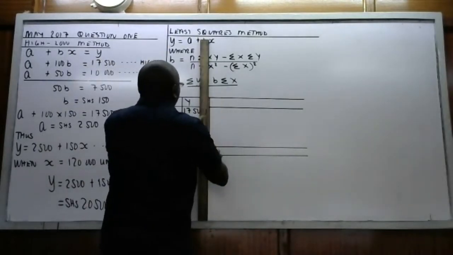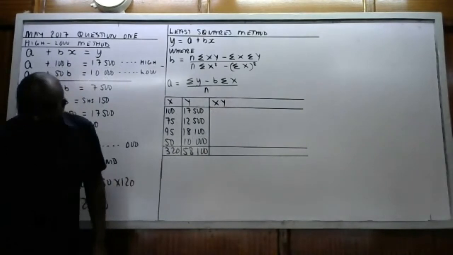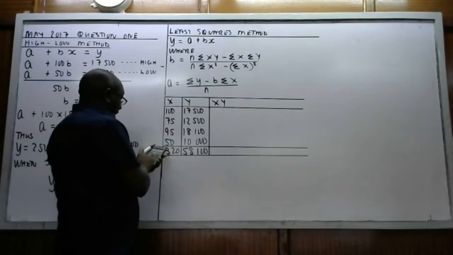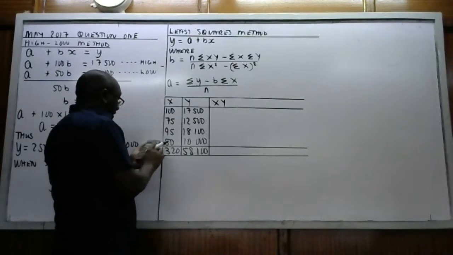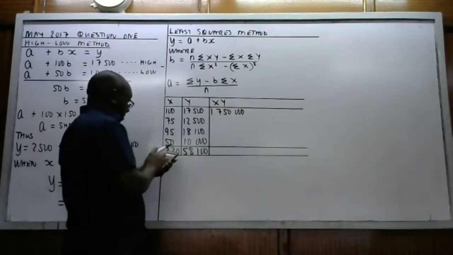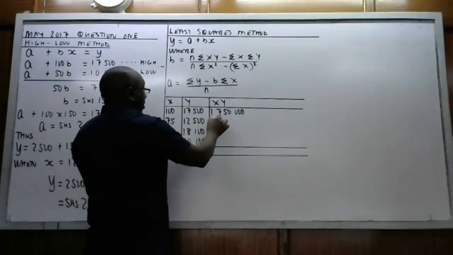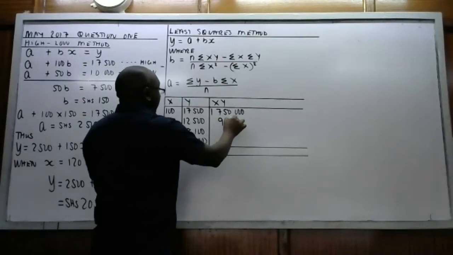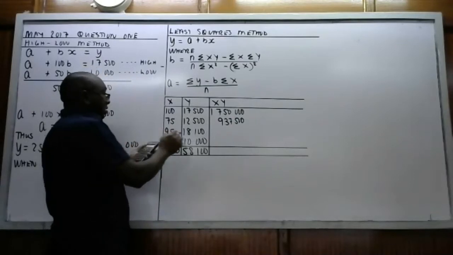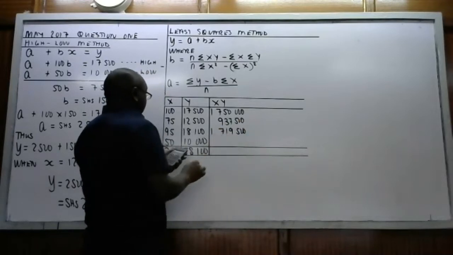You require also to get a column where x and y are multiplied. So this is 100 times 17,500, you get 1,750,000. 75 times 12,500 is 937,500. 95 times 18,100 is 1,719,500.